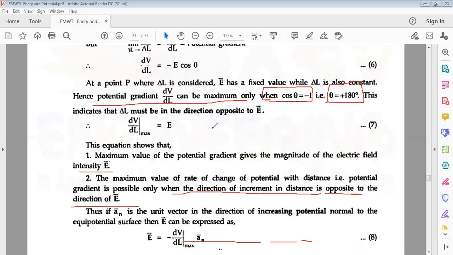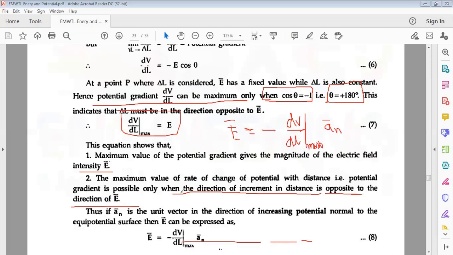So E bar is equal to, now I'm taking this vector in terms of direction, E bar is equal to minus dV by dL at the maximum. The negative sign indicates opposite direction. When I take it as a scalar quantity here, and when it is a vector quantity, the direction can also be represented by a n bar.